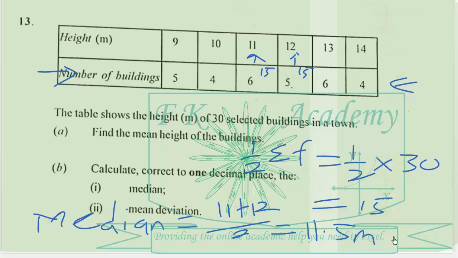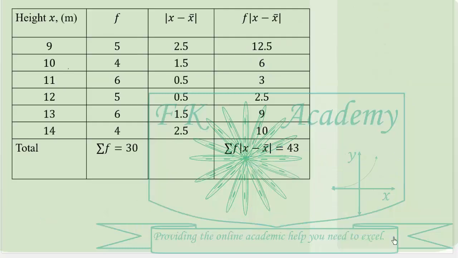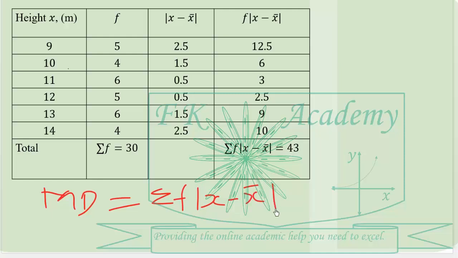So the B part says we should find the mean deviation. So the mean deviation is given by summation of f times the deviations. Deviations means the distance of the values from the mean. The mean is 11.5.